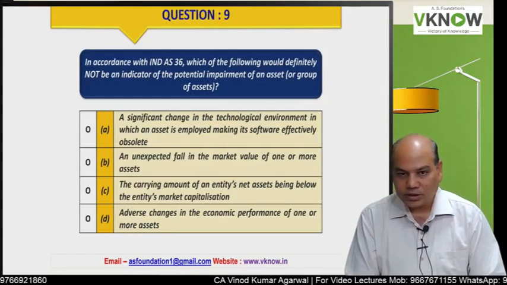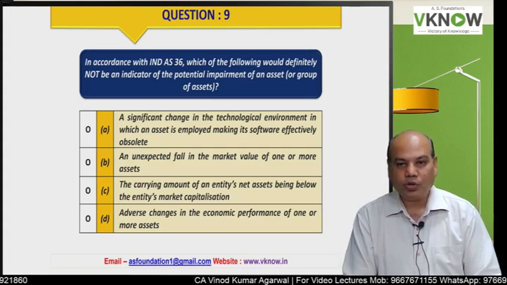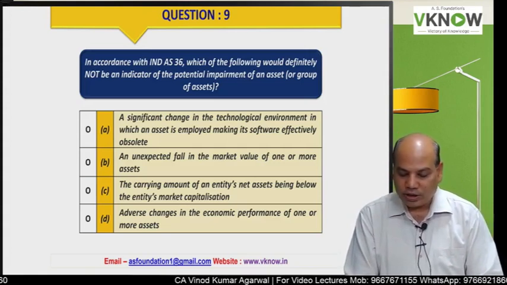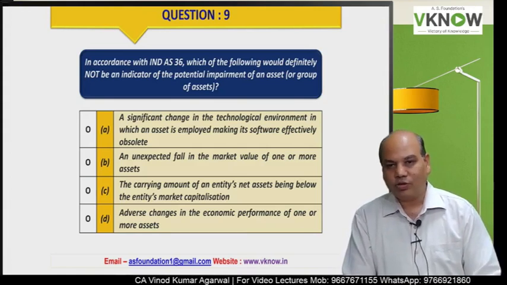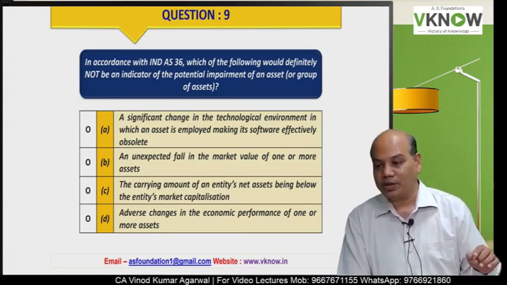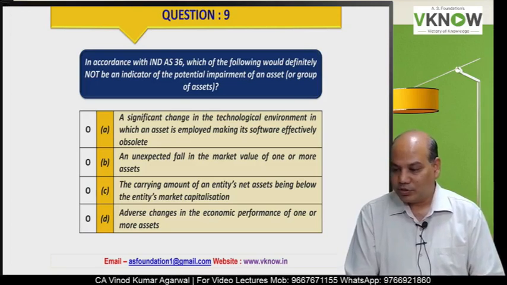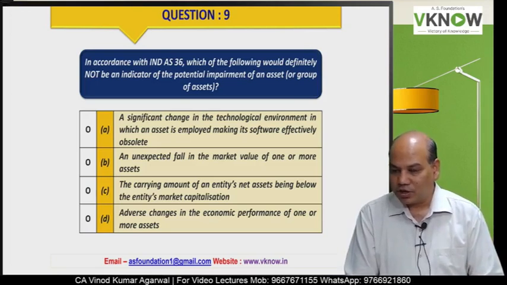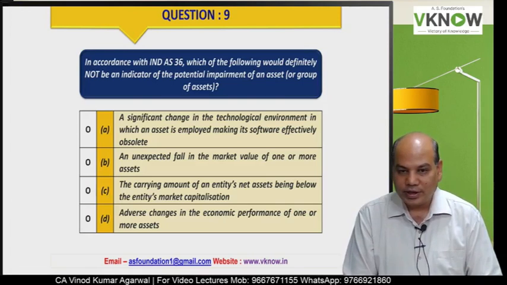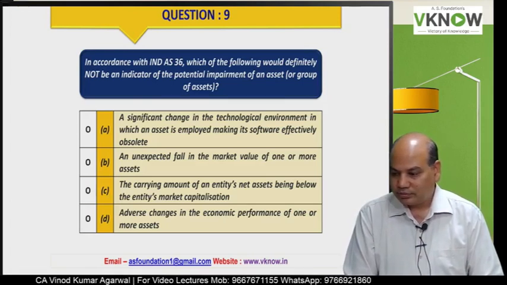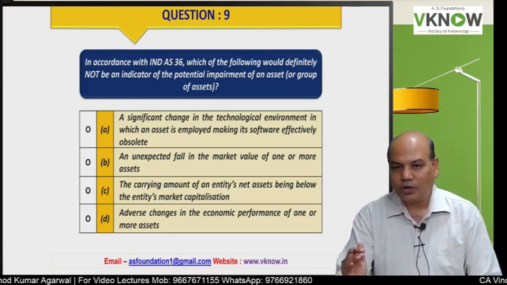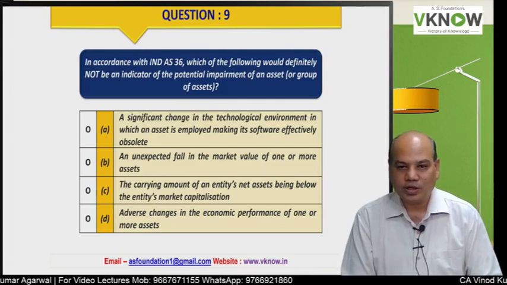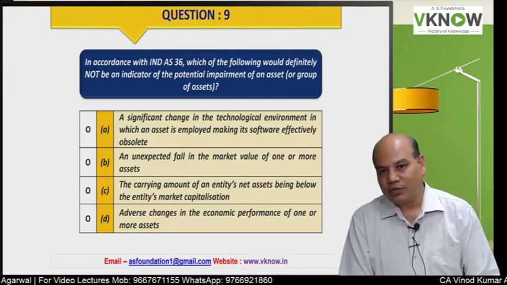As per Ind AS 36, which of the following would definitely not be an indicator of the potential impairment of an asset or group of asset? So again you have to find not an indicator of impairment. Tell me. First one, a significant change in technological environment in which the entity operates. Is it an indicator of impairment? Yes. An unexpected fall in the market value of one or more asset. Is it an indicator of impairment?